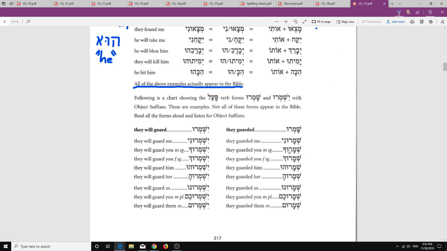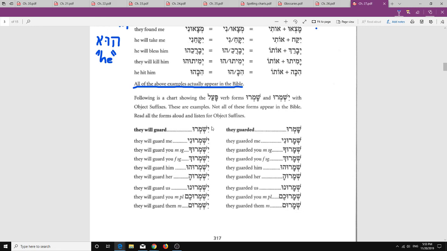Shamaruka, "they guarded you." Shamaruk, "they guarded you." Shamaruhu, "they guarded him." Shamaruha, "they guarded her." Shamarunu, "they guarded us." Shamarukim, "they guarded you all." Notice they're not giving us the plural feminine forms for whatever reason. So skipping down to the third masculine plural, we get shamarum.